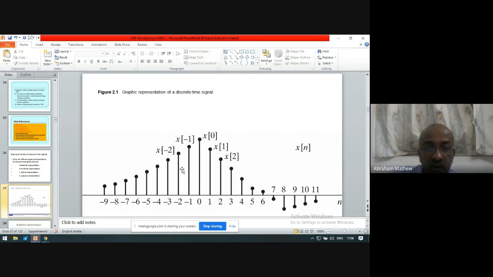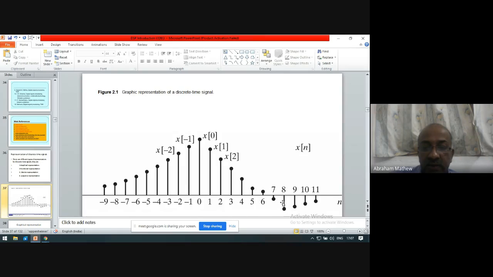Then we have both directions, and the amplitude are represented by a discrete line, and at various levels, x of 0, x of 1, x of 2, the amplitude is decreasing with respect to the time n, and it is going negative.